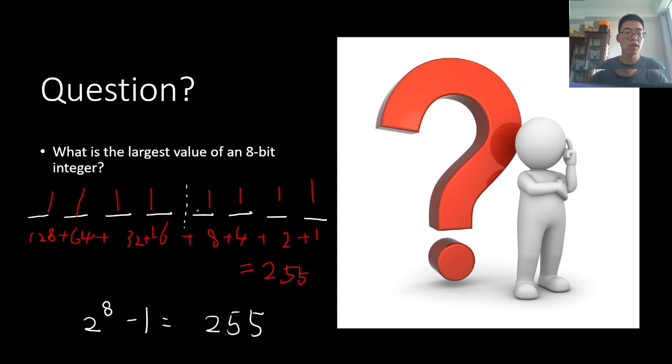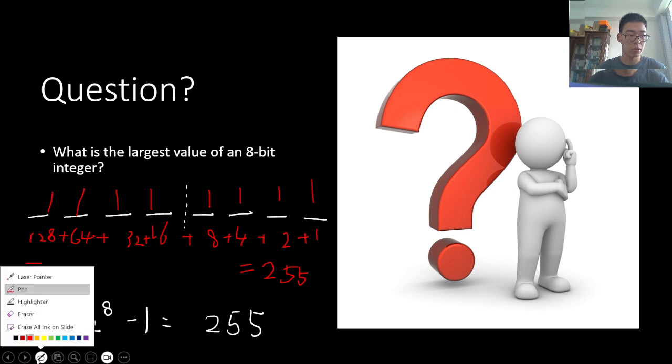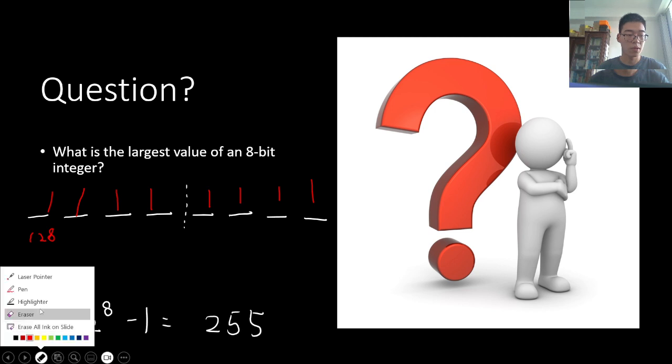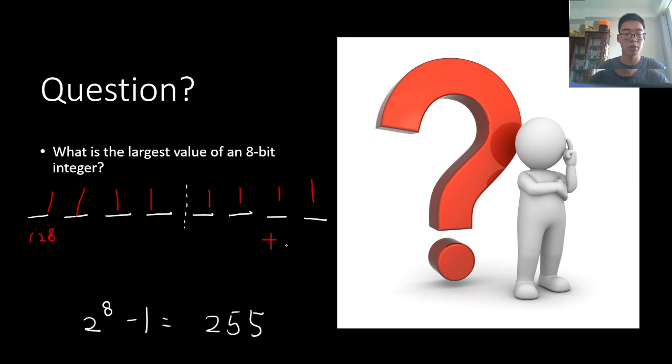There is another way to calculate this. We know these digits are all 1, and suppose we add 1 to this number. So I will clear what I have done previously. We remember the largest bit is 128, and we add 1 to it.